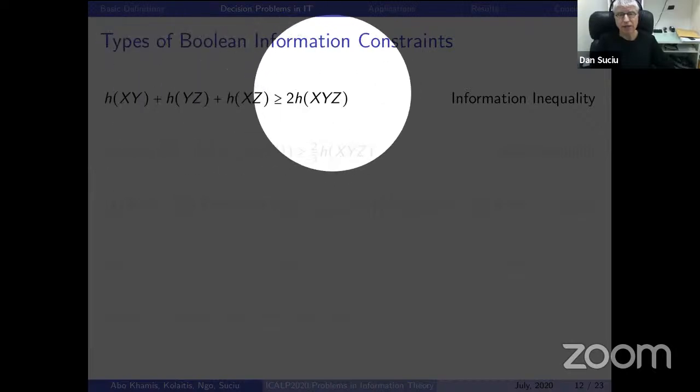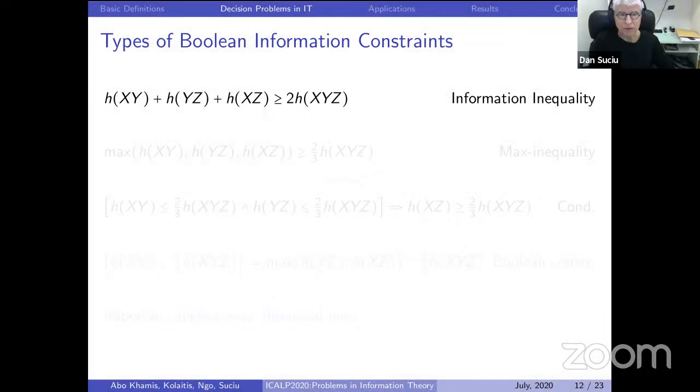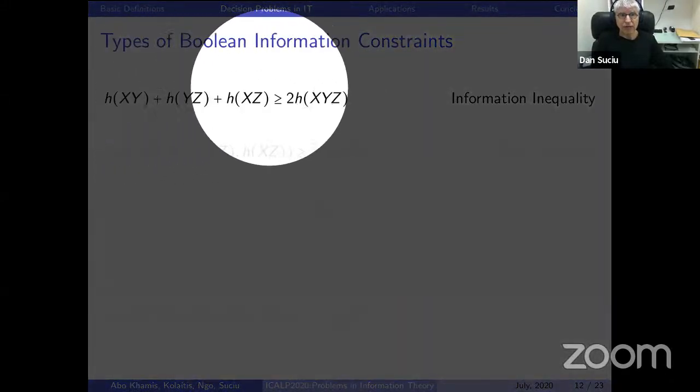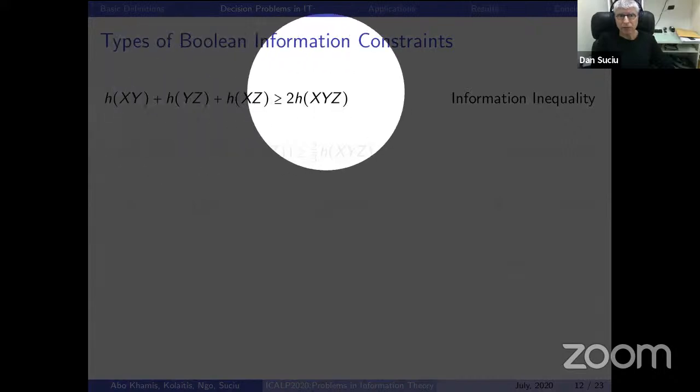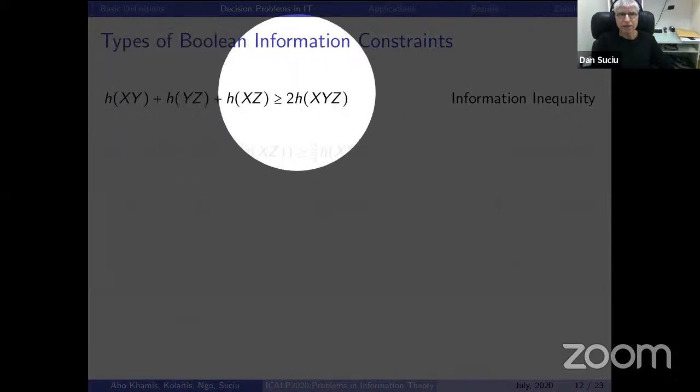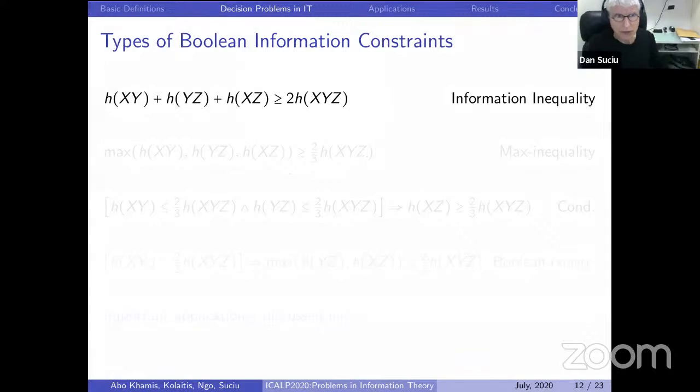H of x, y, z denotes the entropy of the joint distribution of x, y, and z together. So this is an example of a linear inequality that holds between entropic terms for any random variables. This inequality holds. It's also a known inequality. The question is, how do we decide such inequalities in general? Given such an inequality, can we decide if this holds?